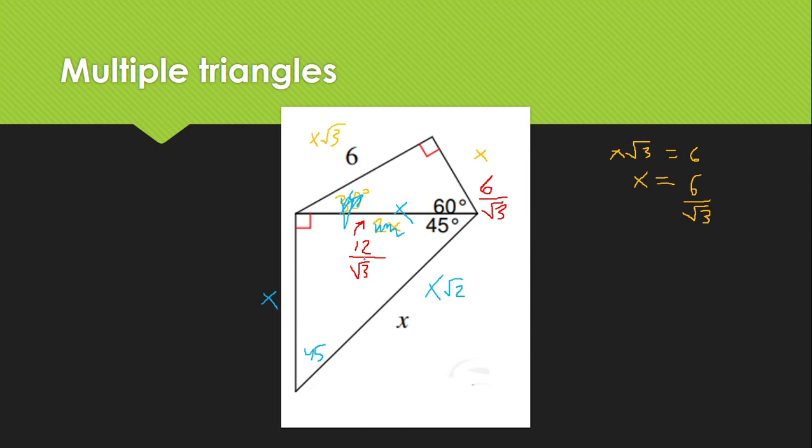So it looks like my 12 over root 3 is going to equal that x in my new triangle, the blue x. But I want to find this x over here, the hypotenuse, which we labeled x root 2. So I need to do 12 divided by root 3, and then multiply it by root 2.